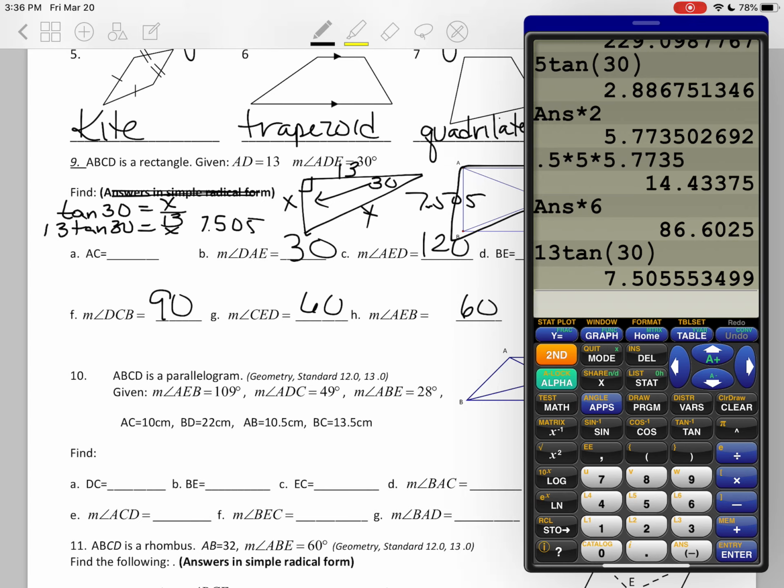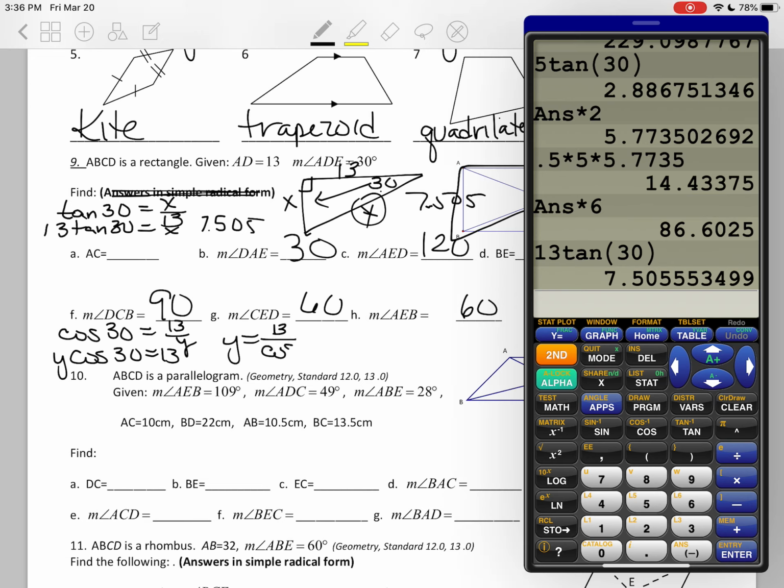Now to find y, and I got to find room down here. I'll do it down here because there'll be less room for the other one. Y is the hypotenuse. We know 13, that's adjacent, so the cosine of 30 equals 13 over y. Cross multiply, we get y times the cosine of 30 equals 13.